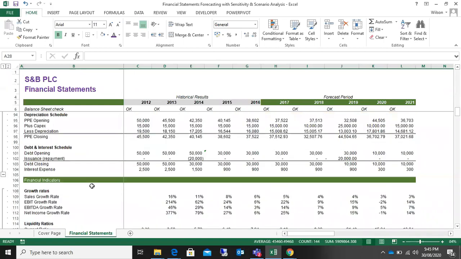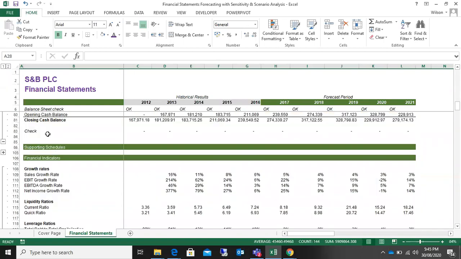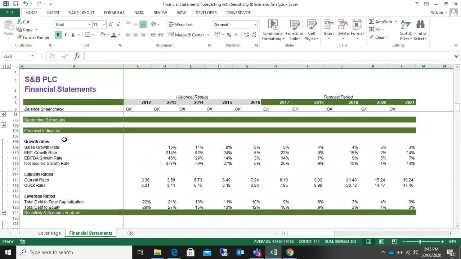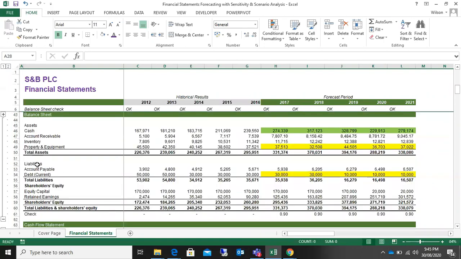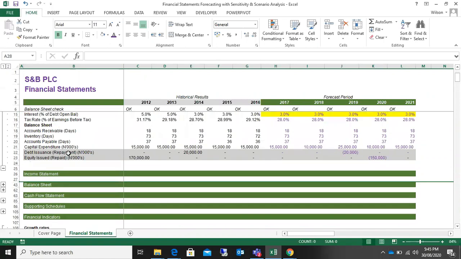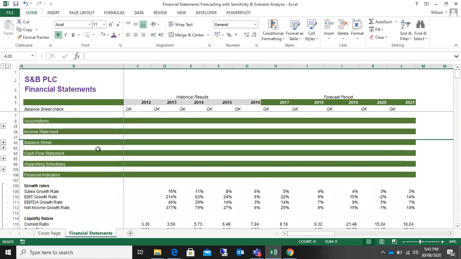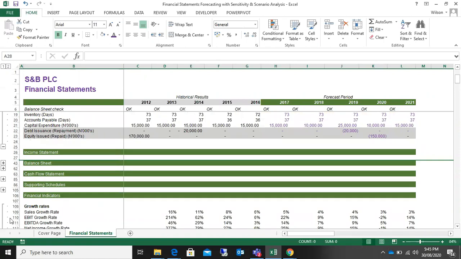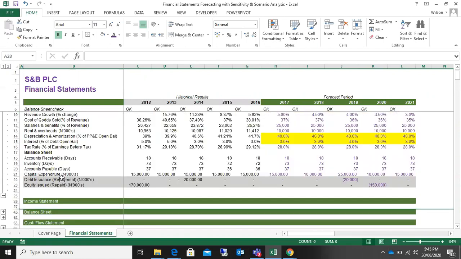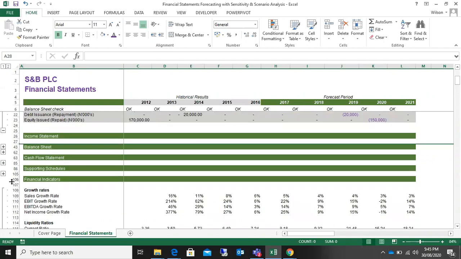Now, what I will simply do is check this, check this, and uncheck that. I can uncheck all of that.